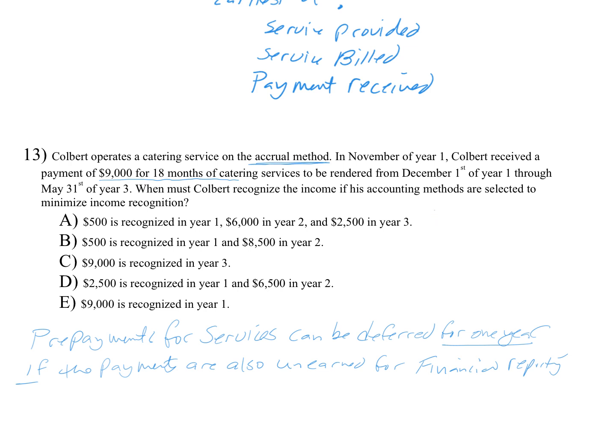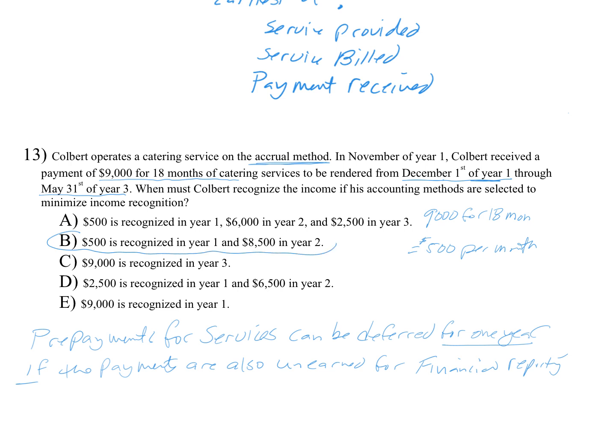We have 9,000 for 18 months. So that means we have $500 per month, okay? And so since we have $500 per month, all right, and services can be rendered December 1st of year 1 through May 31st of year 3, okay?